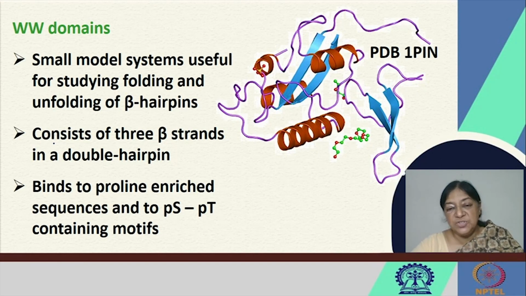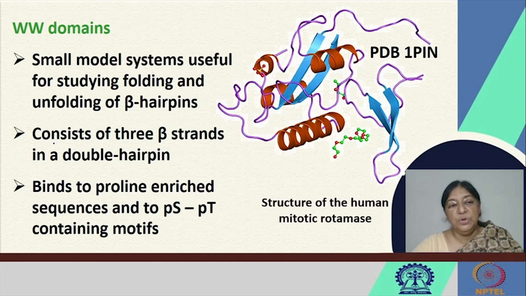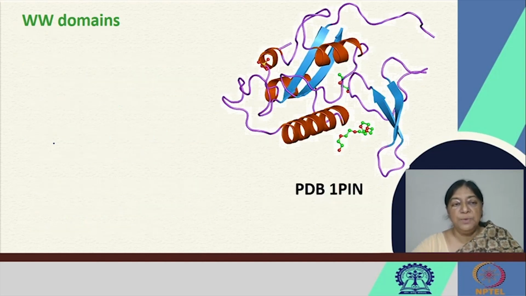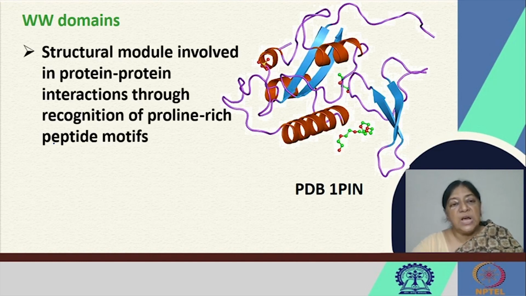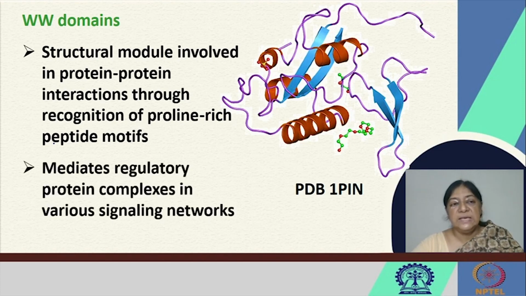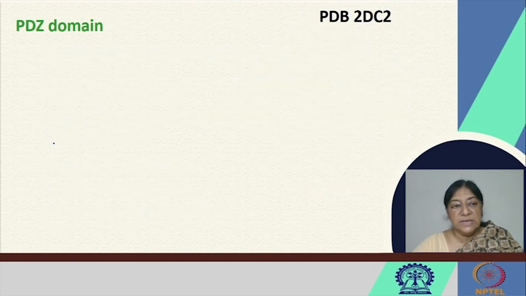So we have a specific structure associated with this for the human mitotic rotamase, which has the WW domain for the recognition in protein-protein interaction specifics. The structural module involved in the protein-protein interactions is again through the recognition of proline-rich peptide motifs, and this mediates regulatory protein complexes in various signaling networks. So it is important in signaling.